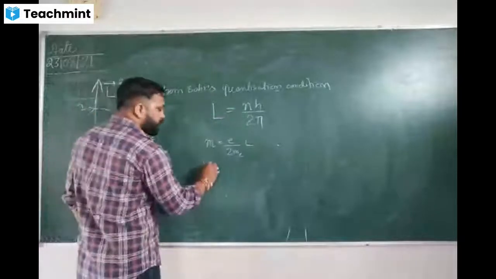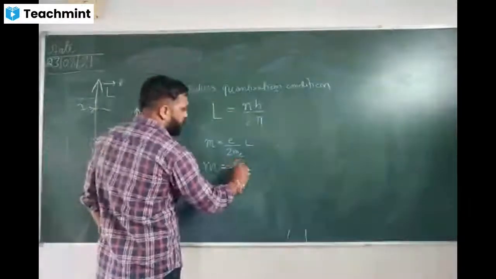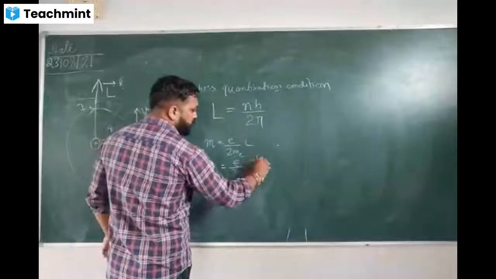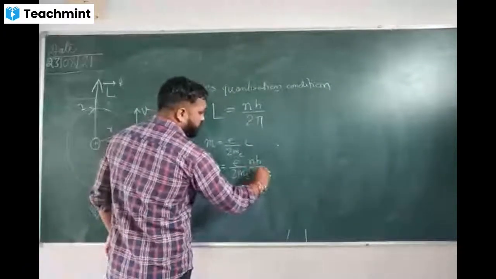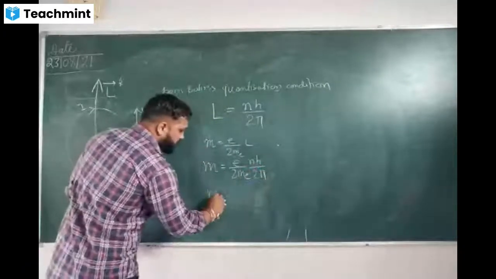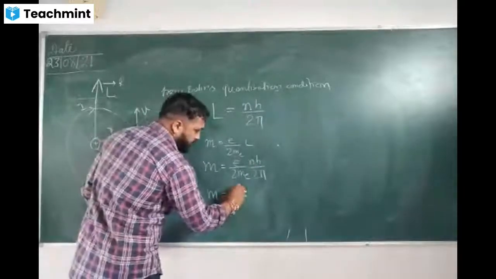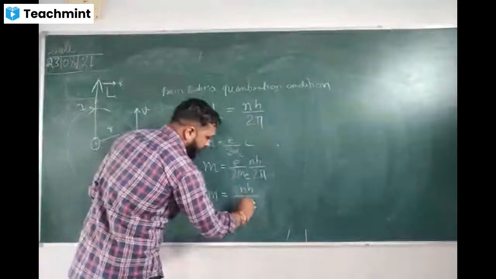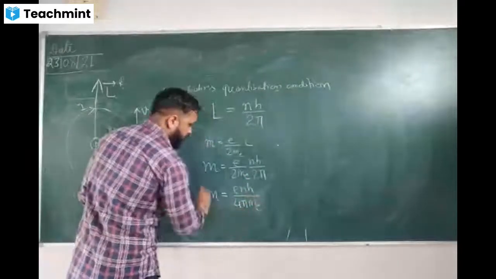So M equals e upon 2me into nh upon 2 pi, or M equals enh upon 4 pi me.